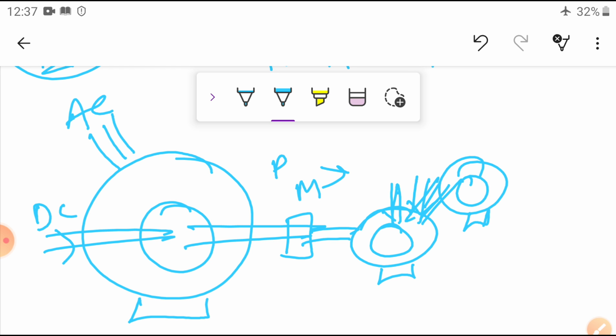Once the load increases, the rotor will try to retard, so the angle alpha between the stator rotating magnetic field axis and the rotor axis increases. If alpha increases, the armature current also increases, and the torque also increases.